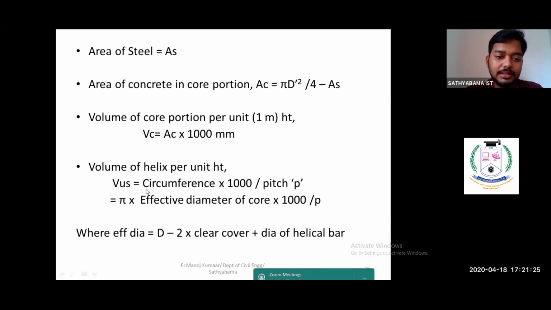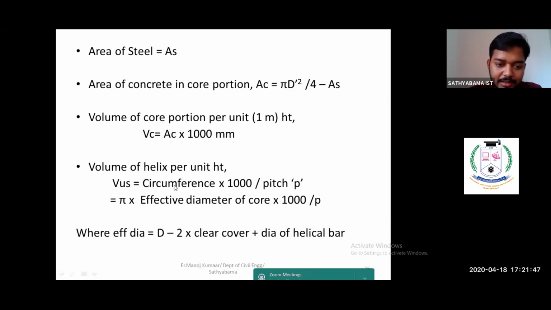And we will calculate this volume VUS, that is volume of helical bars, as circumference of the helical bar, which is nothing but pi into d into 1000 height divided by pitch. Pitch is nothing but spacing between the helical bars.